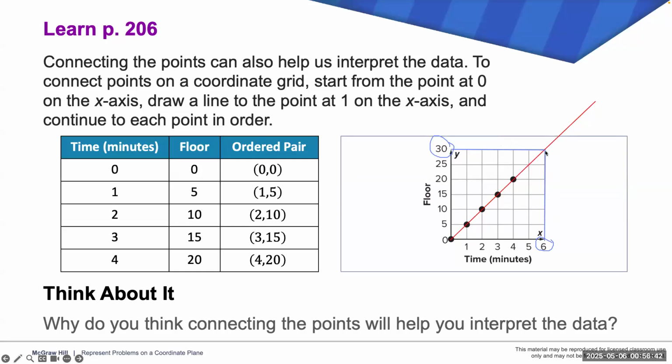We could have read the points on the line and recorded what floor the elevator will be at every additional minute. See, we can use ordered pairs for a lot of different things.